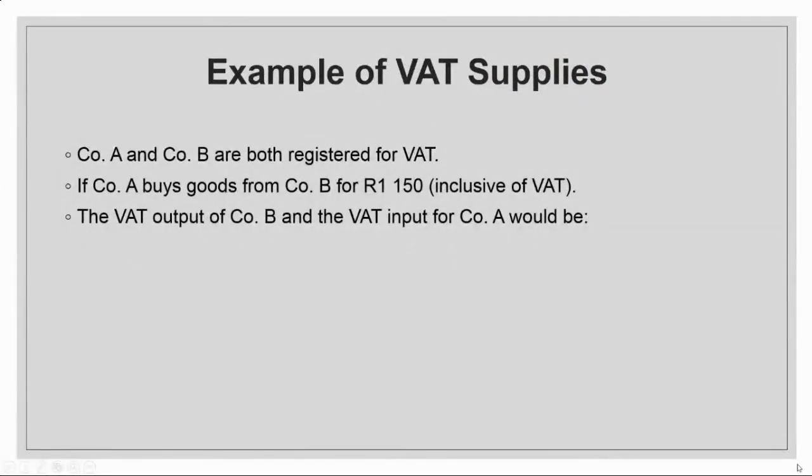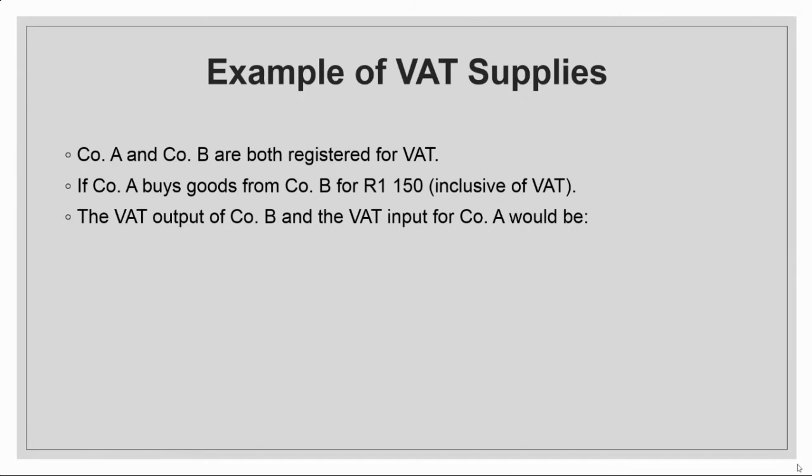Now let's look at a basic example just to show you there's not a lot of information in this question, so it can be any type of supply, and that's what I want to show you. We will look at a more specific one a little later, but let's quickly look at this. So company A and company B are both registered for VAT. Okay, now because they're both registered for VAT, the one has to raise output VAT and the other one can claim it in a purchase.